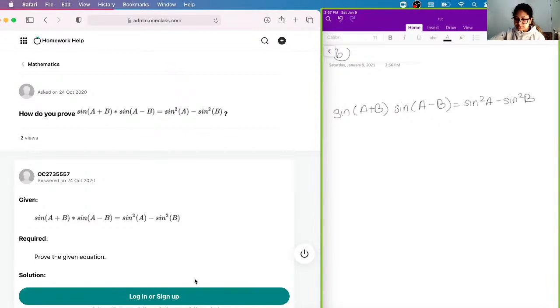So what we need to do is use the sum and difference identities.